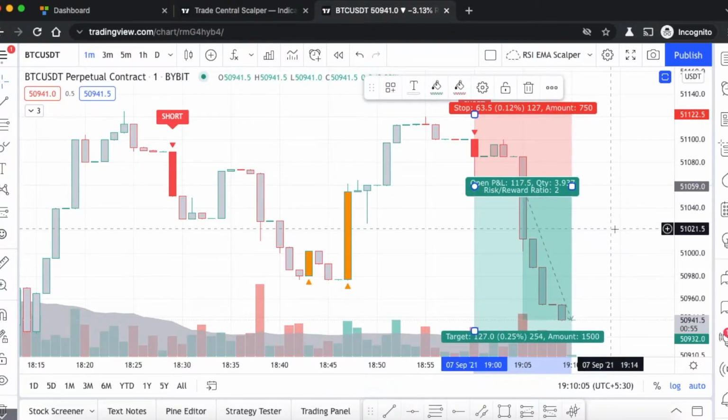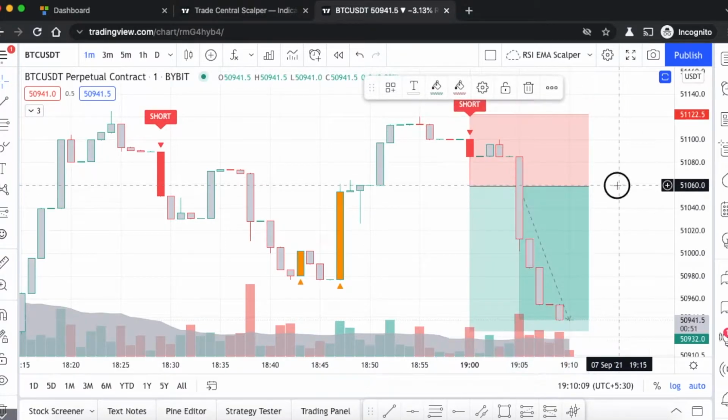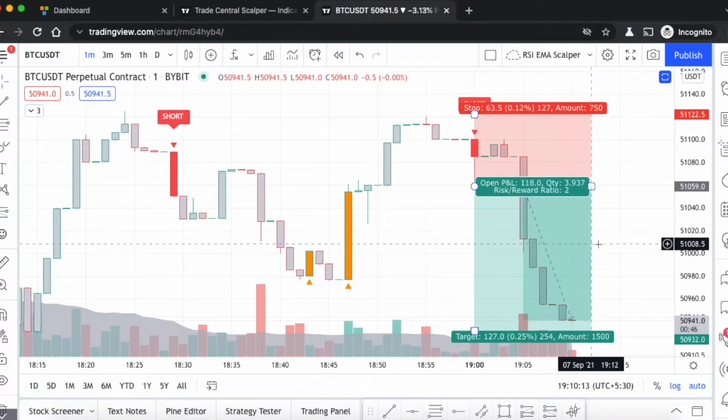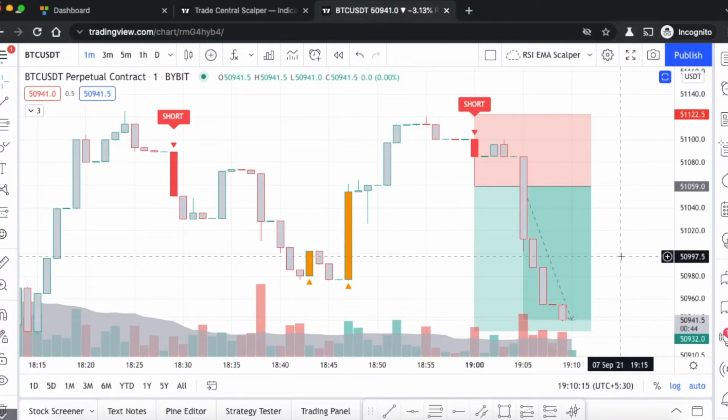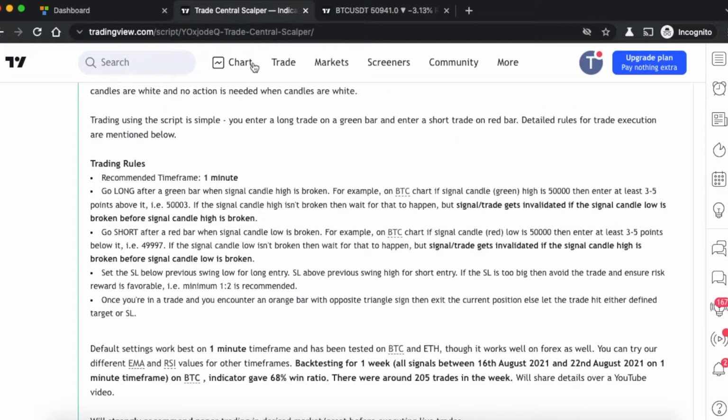This is a live chart, and as you can see, this candle is still forming, and we nearly got a profitable trade here. We let it run. So this is how you execute the strategy, and there are some other rules which you need to be aware of. You enter when the high of a long candle is broken, and when the low of a short candle is broken.